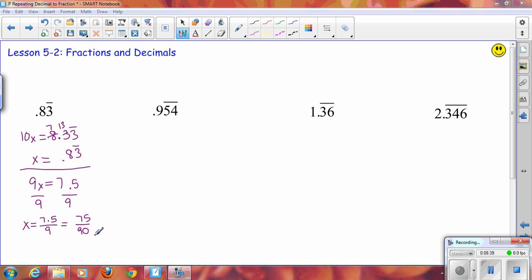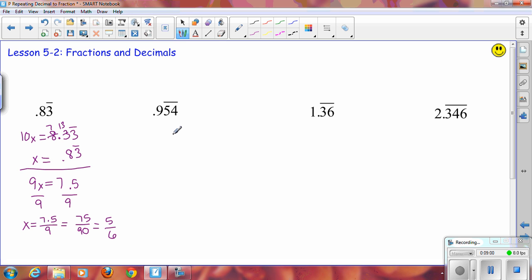Now, if you notice they were both divisible by 5 first, and then notice they were divisible by 3, that's fine. Or if you did the 3 and then the 5, that's fine. They are both divisible by 15, and you wind up with 5 over 6.